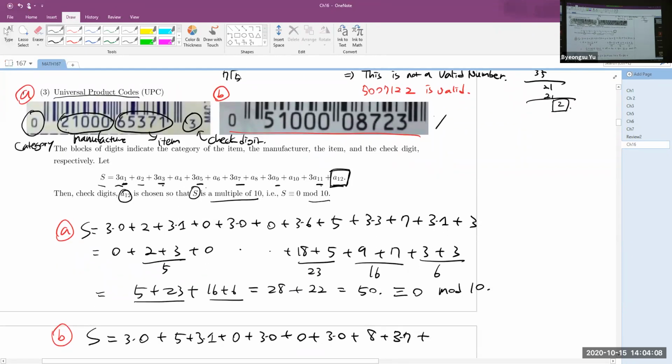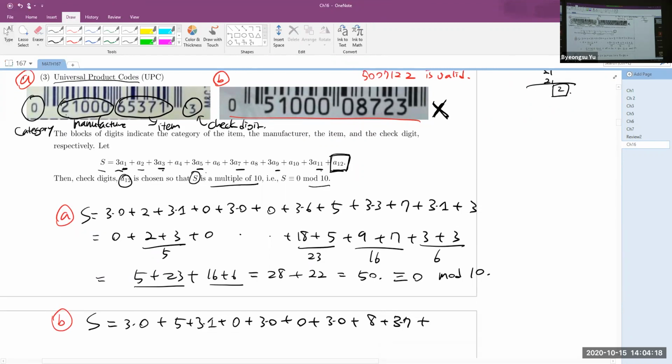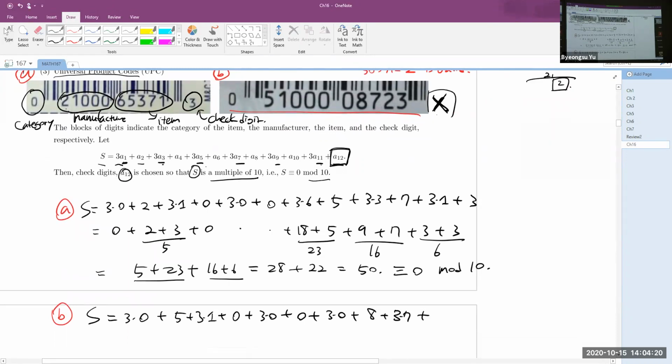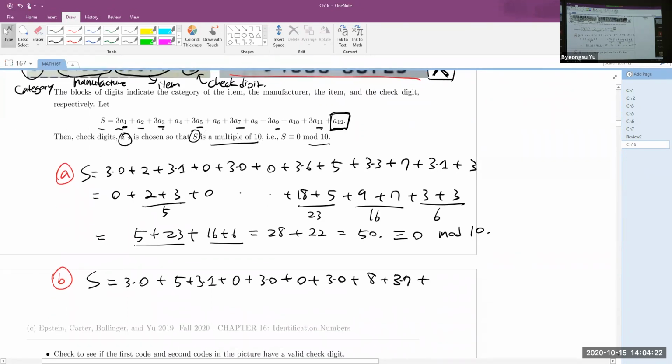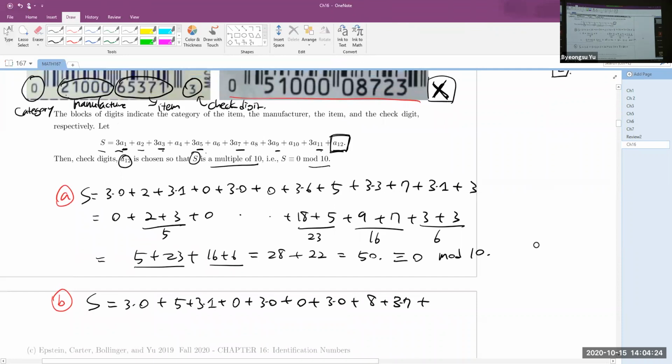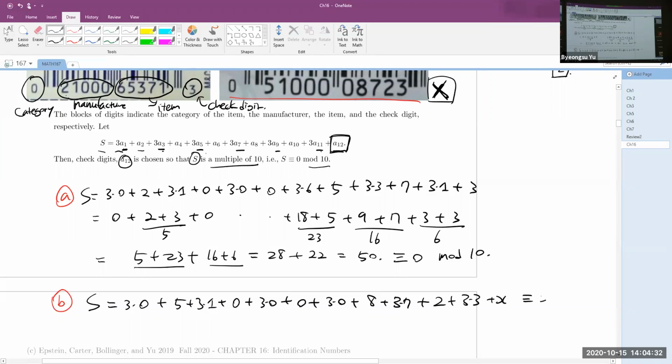Oh, sorry, the check digit here is X. I put the wrong sign, but here the check digit means X. So I want to find what the check digit is. To make this code valid, 8 plus 3 times 7 plus 2 plus 3 times 3 plus X should be 0 mod 10, right?